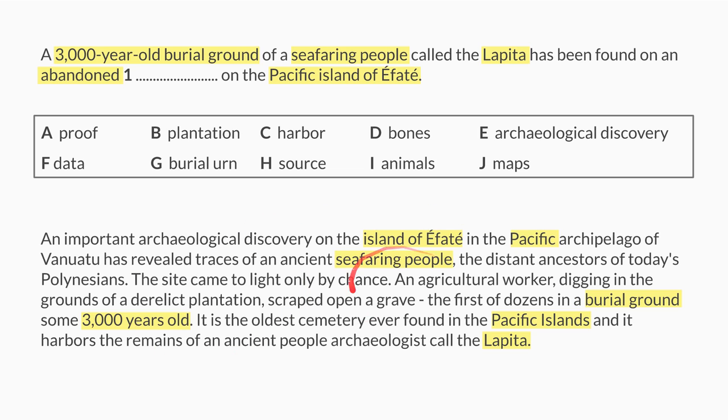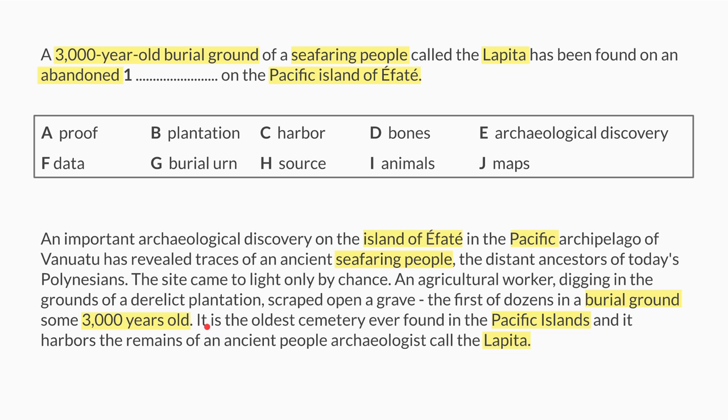When you start to scan this paragraph, you're going to come across these keywords that have been used in the question. Island of Efate, Pacific, seafaring people, Pacific Islands, Lapita, burial ground, mentions that here, and 3,000-year-old.